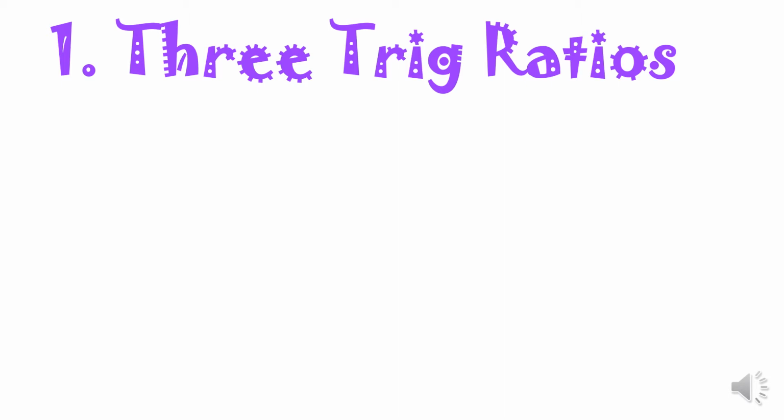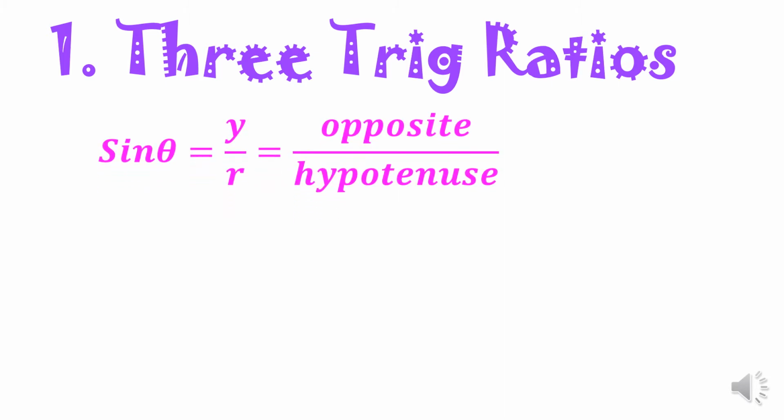There are 3 trig ratios. Do you remember what they are? Do you remember the phrase SOH CAH TOA? We look at the 3 main ratios that we deal with. So we have sine of theta, which is equal to y over r, which is equal to opposite over hypotenuse.